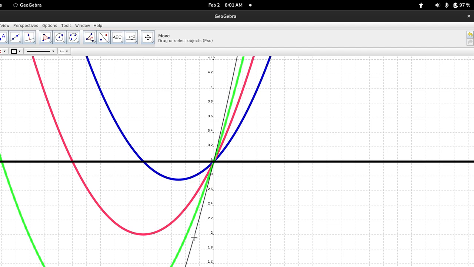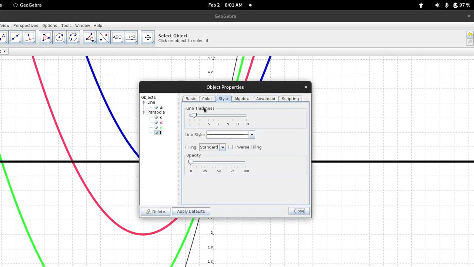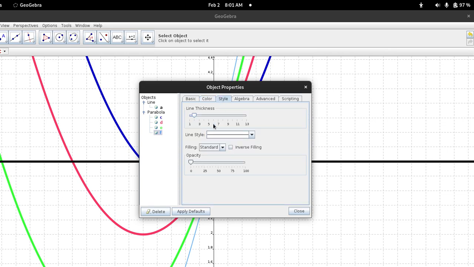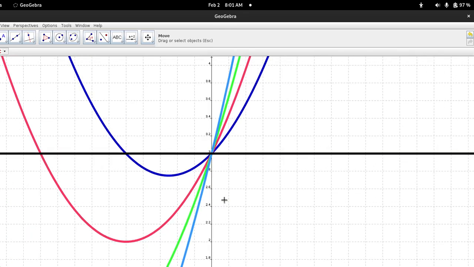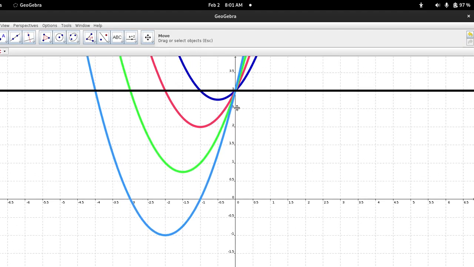Because remember that we can change the parameter for various graphs. So this is what we have.